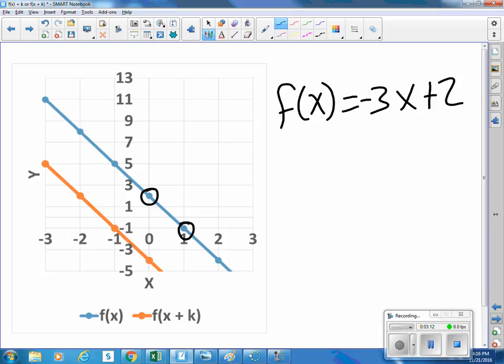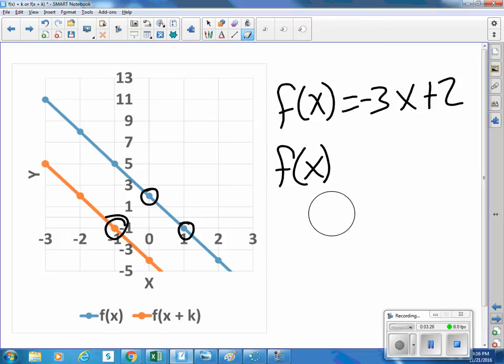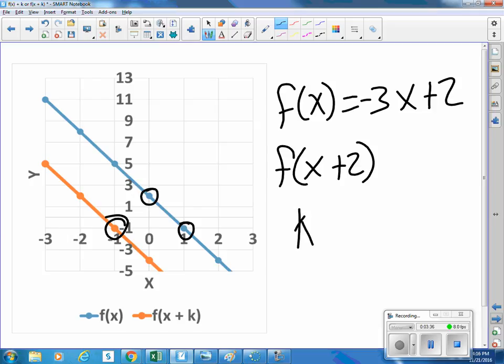And if I look for a point that's to the left or right, that one is to the left by 2. So my function is shifted to the left by 2, so I need to add 2. So my k equals 2.